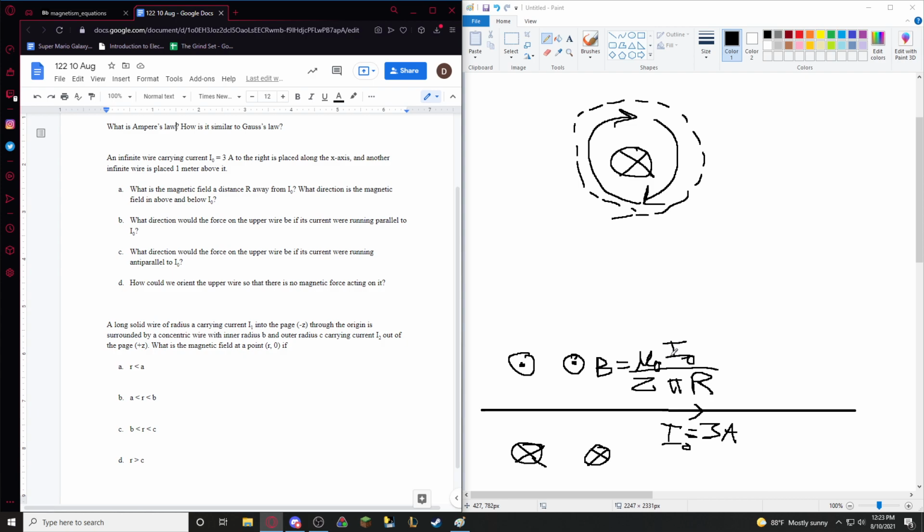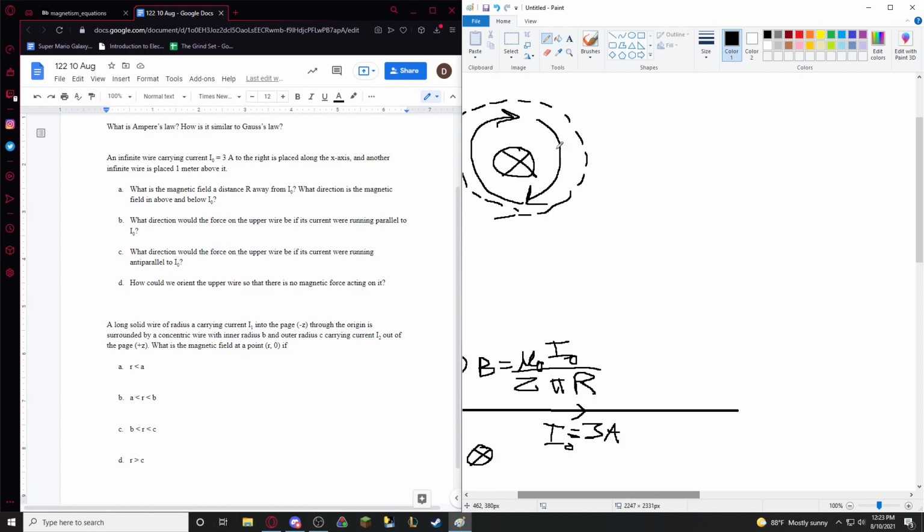All right. So now we're going to have a long solid wire of radius A carrying current into the page, going through the origin, 0, 0. Let's go ahead and draw this.